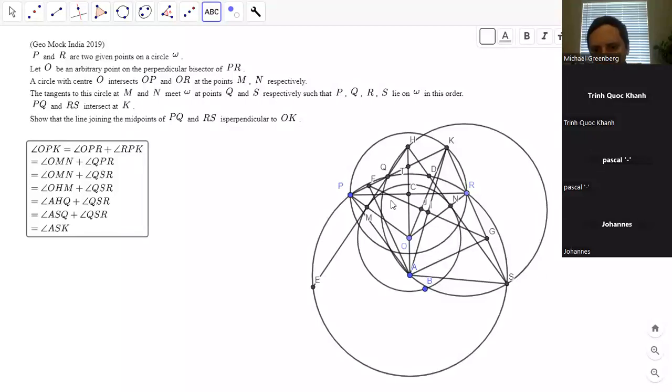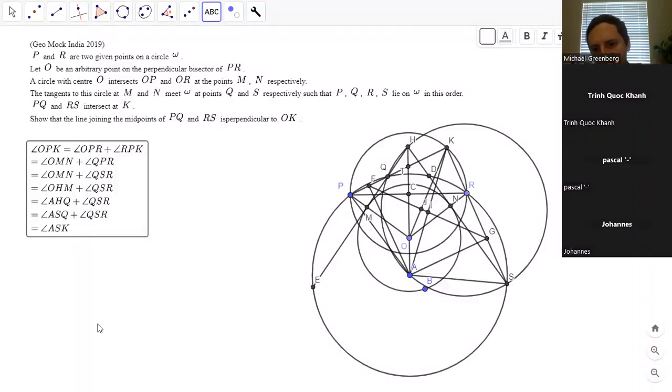SA over PO is SQ over PR. Yes, that's true. And it's clear that the triangle KQS is similar to KRP, so we have that ratio. Because PQRS is cyclic. I see. Interesting.